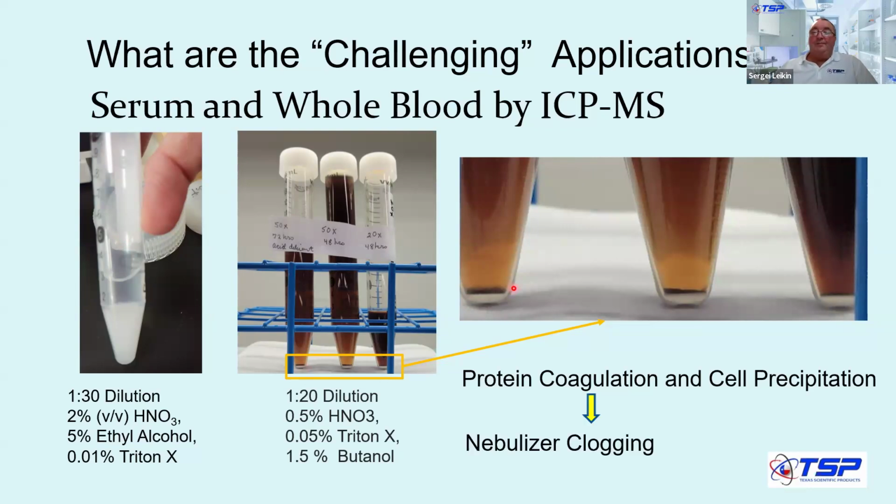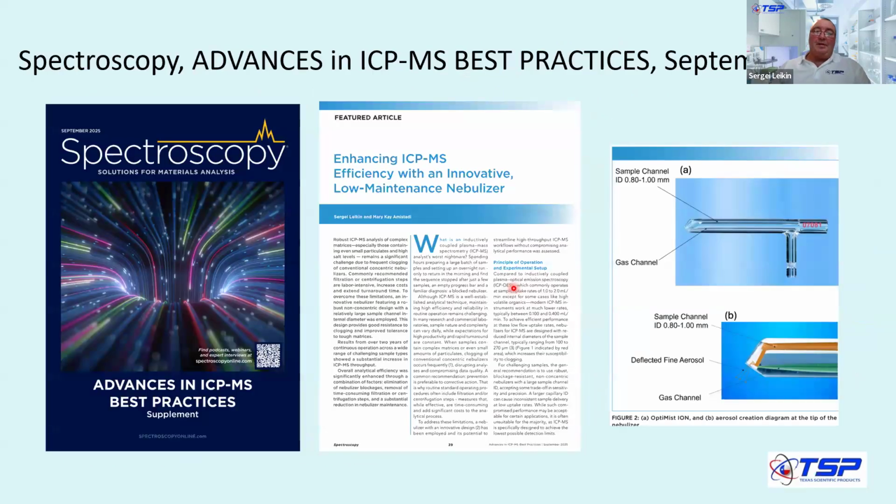And what's happening is it will cause nebulizer clogging. We just published an article in Spectroscopy in September 2025 that has details on how it is run and what nebulizer was used to run it successfully. But here, just a few highlights.